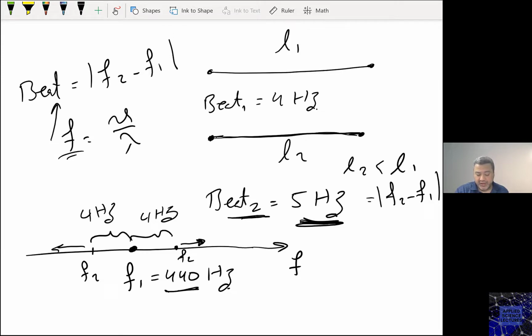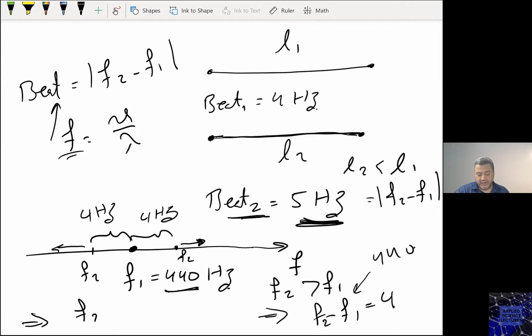If F2 has increased, then F2 is greater than F1, and in this case, F2 minus F1 equals 4, where F1 is 440, which means that F2 for the string at the initial case is 444 hertz.